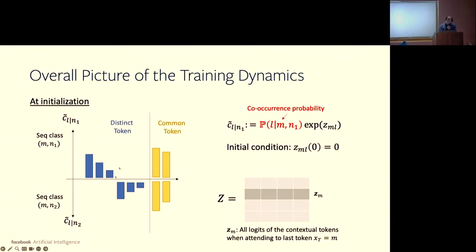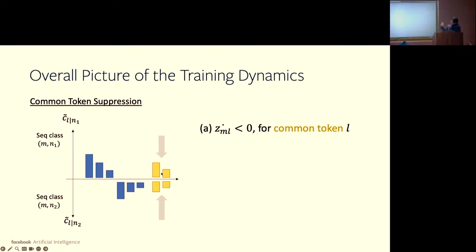You're going to see that for distinct tokens, this C theta is non-zero for just one class, because the corresponding co-occurrence probability is non-zero for only one class, but not the other. So you're going to see very distinct patterns. But common tokens appear in both sequence classes. The first conclusion is that for common tokens, the gradient will drag all their attention scores to be smaller and smaller.